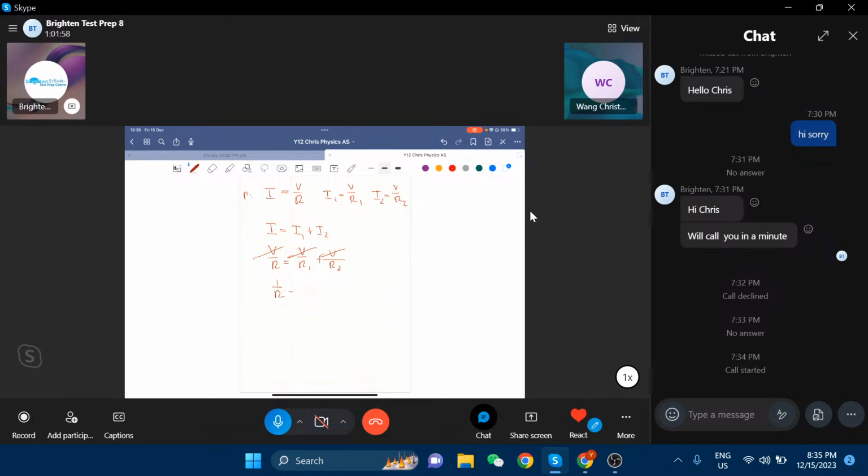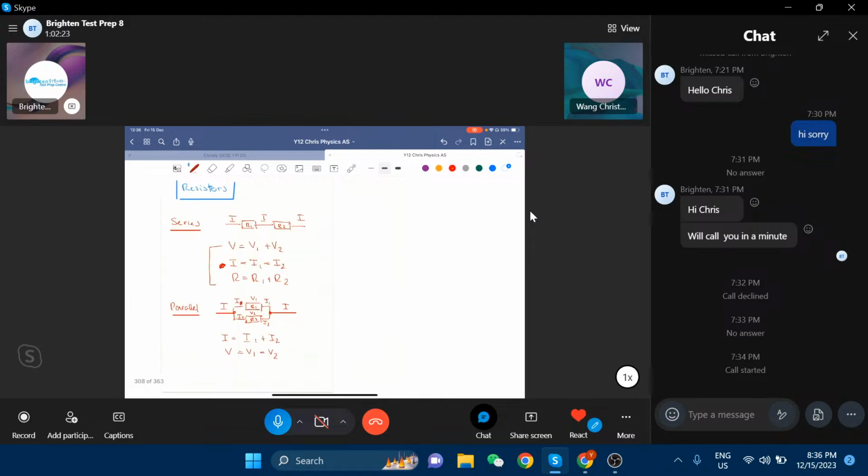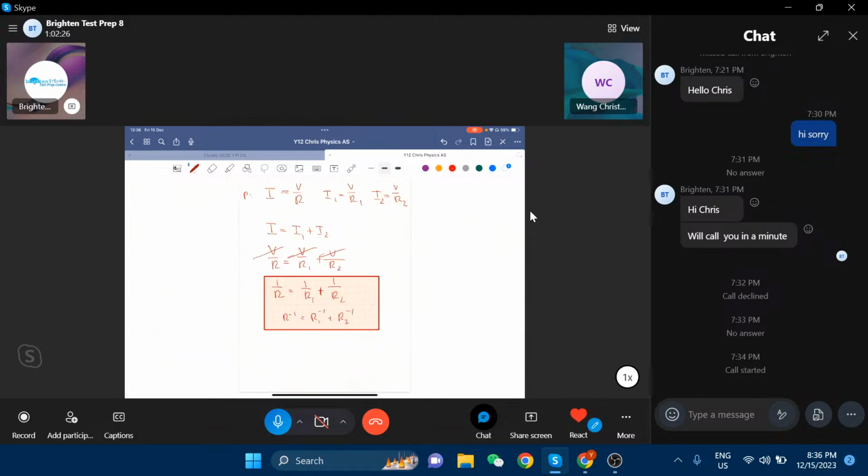So I get the sum of the inverses of these two. Or we can as well say R^-1 is R1^-1 plus R2^-1. Same thing. Okay, so here is the fraction, the inverse, the sum of the inverses, and of course plus. So that's a bit of a special case, but it can be easily deduced by just always applying the same basic rules. This one is the fundamental of the fundamentals.